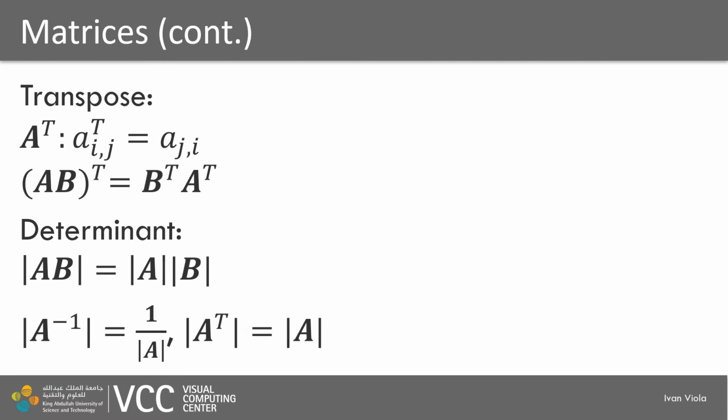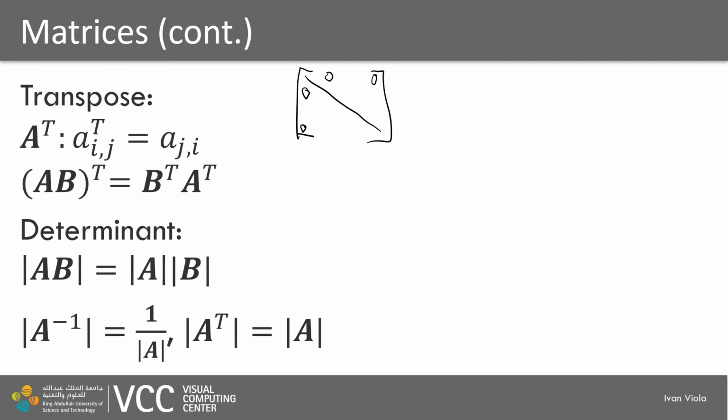A transpose of a matrix is simply flipping the rows and columns in a matrix. So it's sort of a flipping along the diagonal. In a transpose, the elements on the diagonal stay the same, and the element which is, let's say, the first element in the second row will become the second element in the first row, etc. So the last row's first element will become the first row's last element.